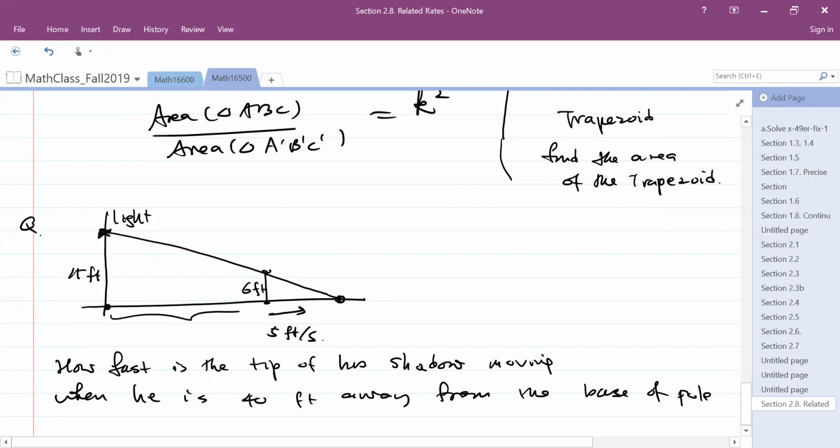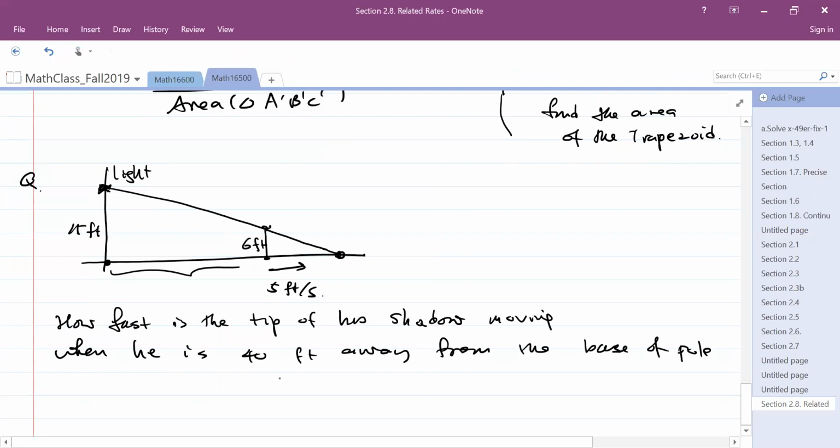In other words, when y equals 40 feet. This is the y. Okay, clear.